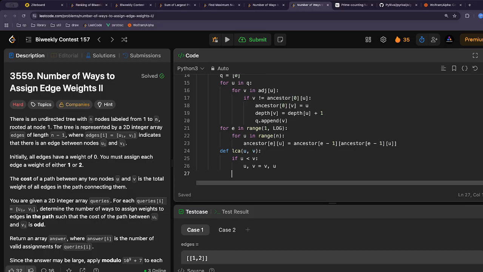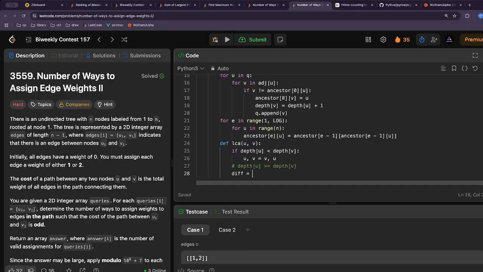This is how you swap in Python. You don't need a temporary variable. So now we know that the depth of U is greater than the depth of B. So we calculate this diff.